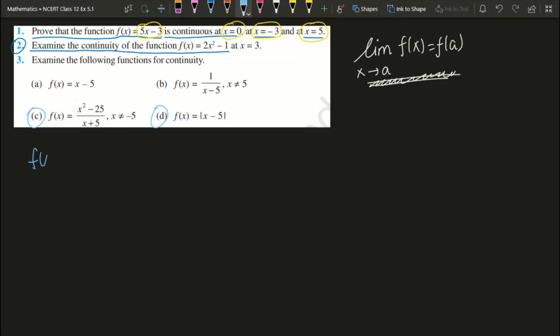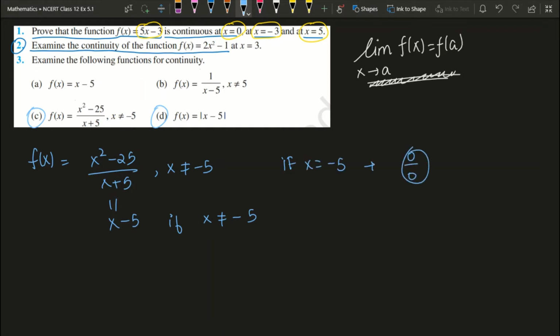Let's start with the first. x squared minus 25 over x plus 5, where x is not equal to negative 5. This function is equal to x minus 5 if x is not equal to negative 5. If x is equal to negative 5, then you get a 0 by 0 expression, and it doesn't make any sense.